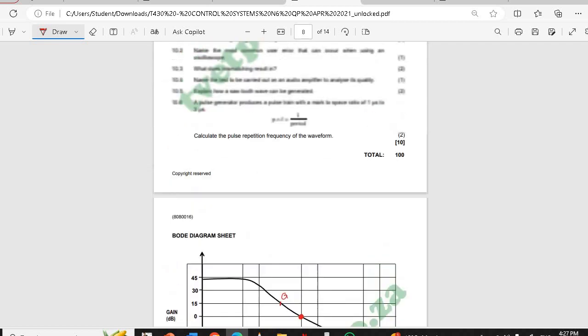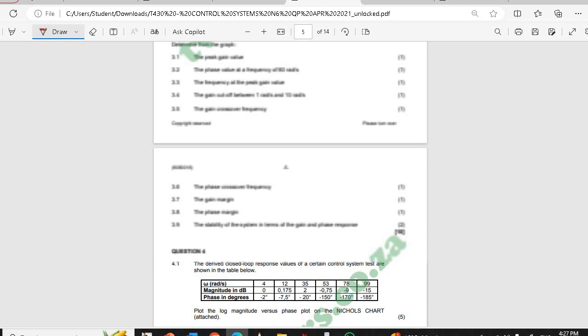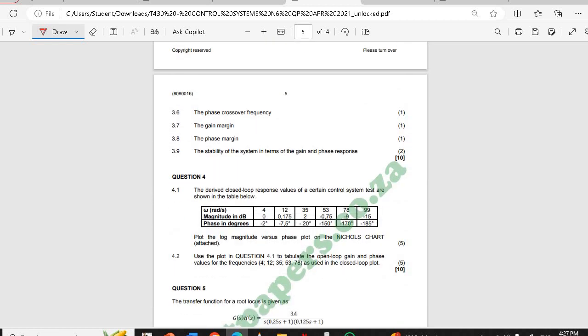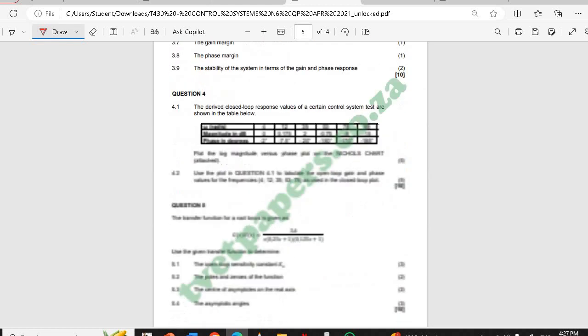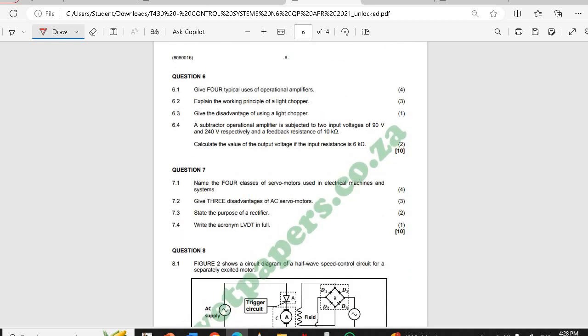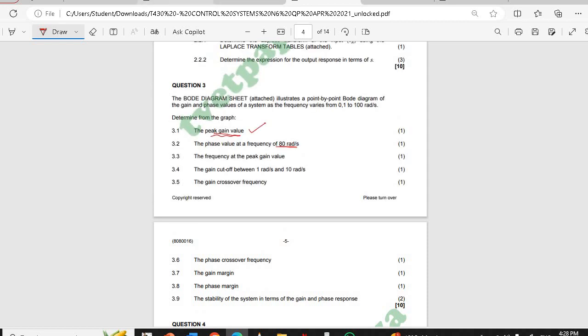Remember the first question, they wanted the peak gain value. Okay, let's do 1 and 2. The peak gain value, so the gain value at maximum, and the phase value at frequency of 8. So let's go there quick. I think I have 2 papers here.